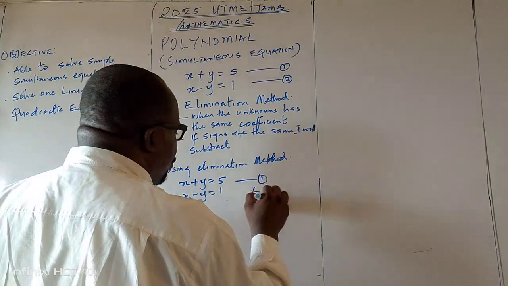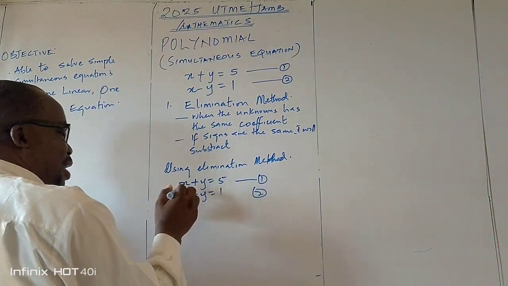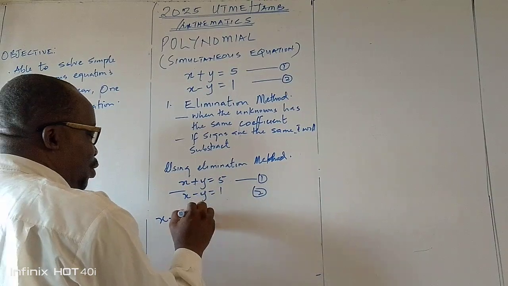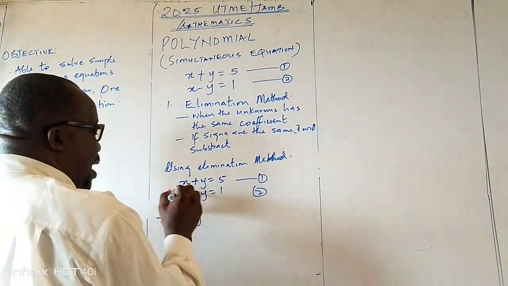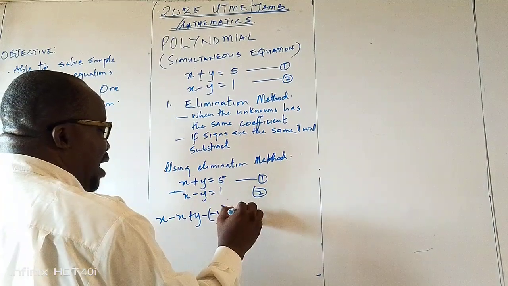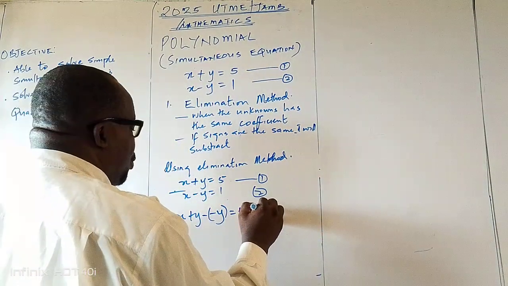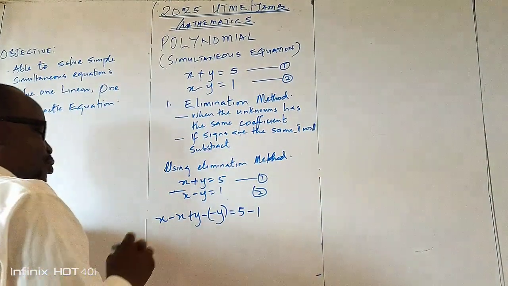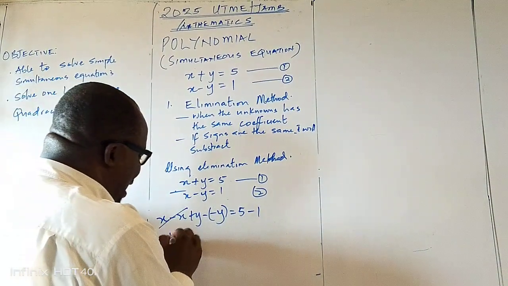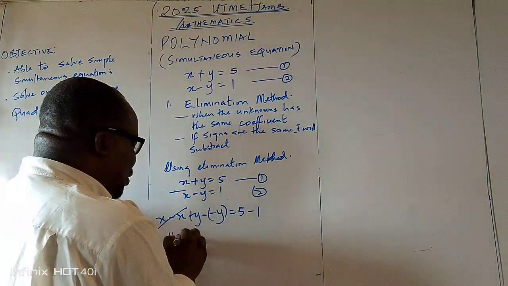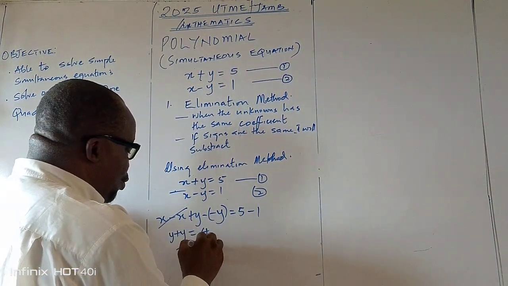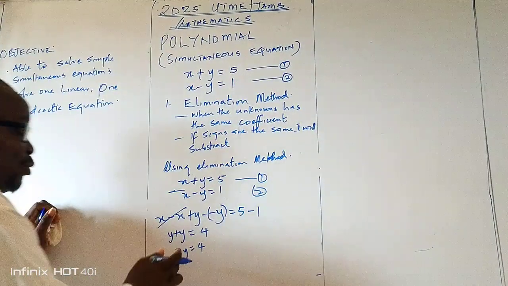Equation 1, equation 2. When I subtract, this x minus this x, plus y minus this y equals 5 minus this 1, because I'm subtracting. x minus x is eliminated. So I have y, minus times minus is plus y, equals 4. So I have 2y equals 4. What do I do? I'm looking for y, not 2y.